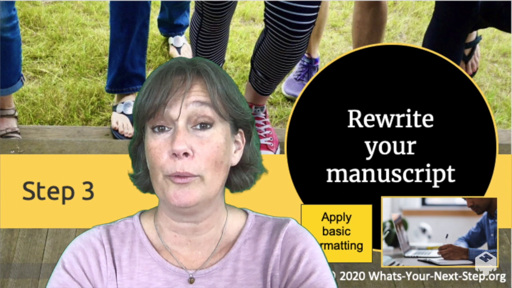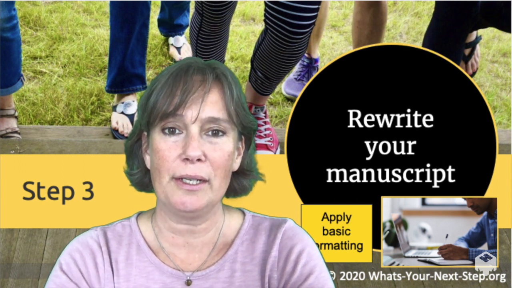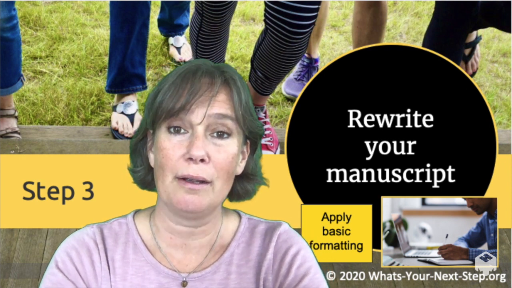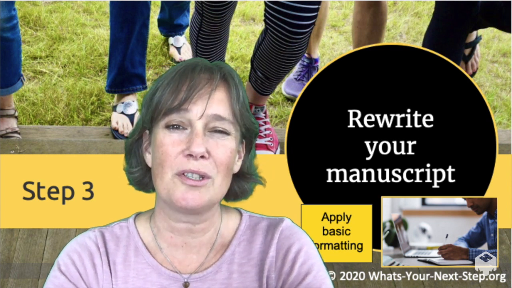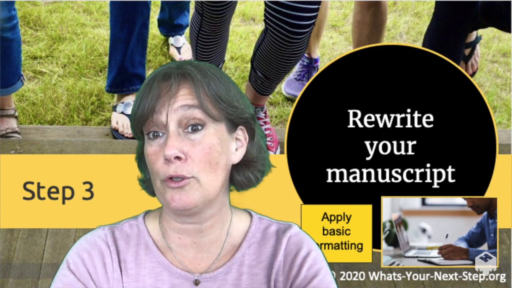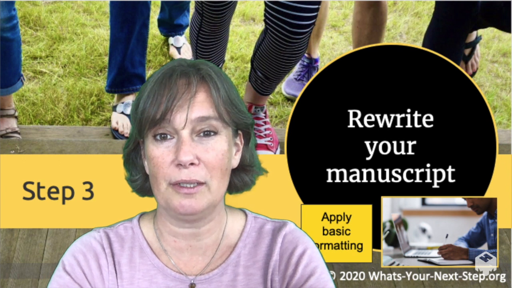Step 3. Rewrite your manuscript. As you read and reread, write notes to yourself, and then go back and rewrite. Make it better. Work on those spots that didn't feel quite right. Can you tweak a word or two? Or do you need to rethink a whole plot thread?